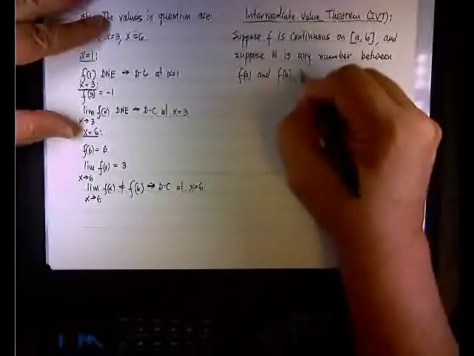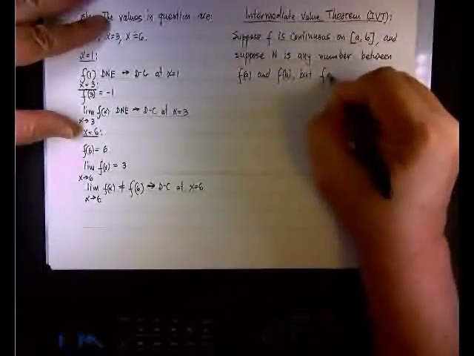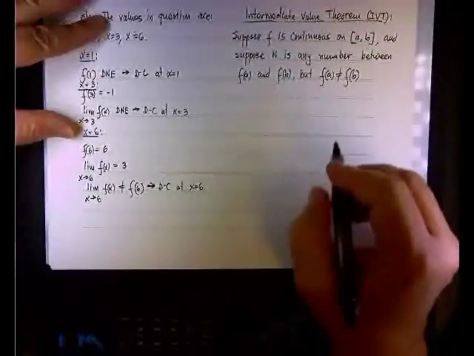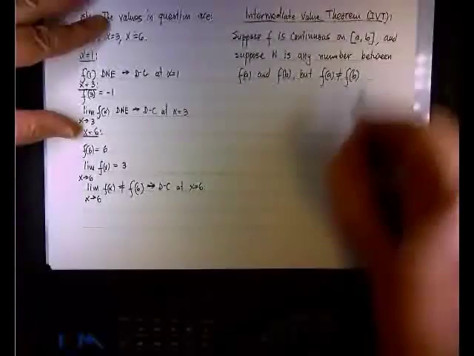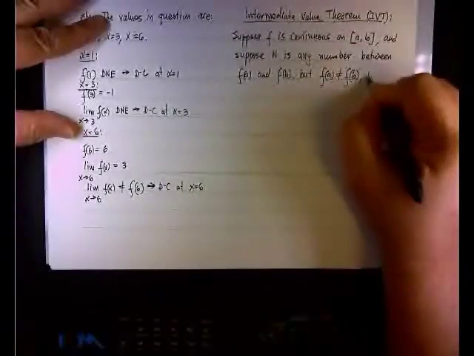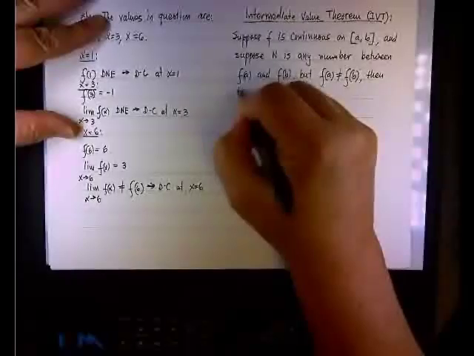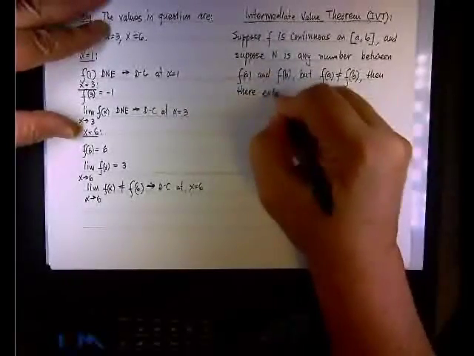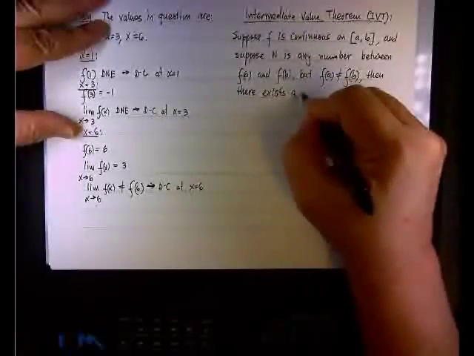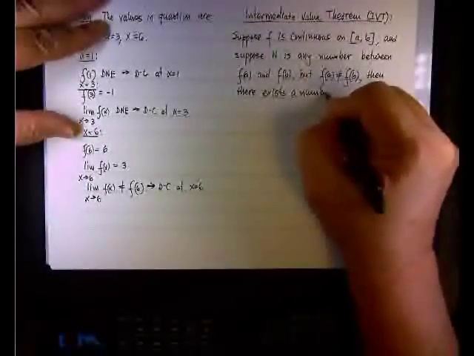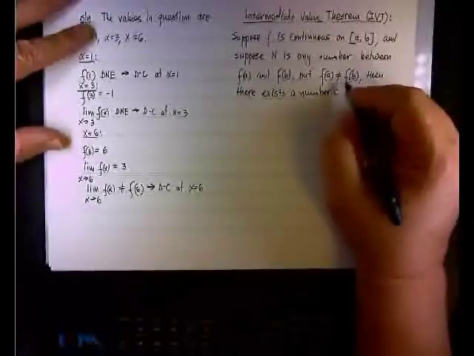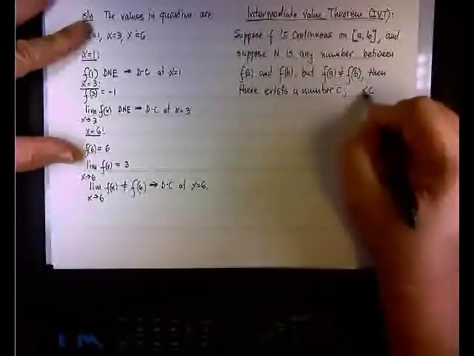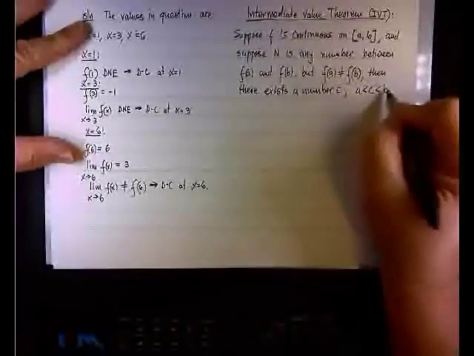We have one condition, that f of a is not equal to f of b. Then there exists a number c, and that number is a number between a and b, like so.